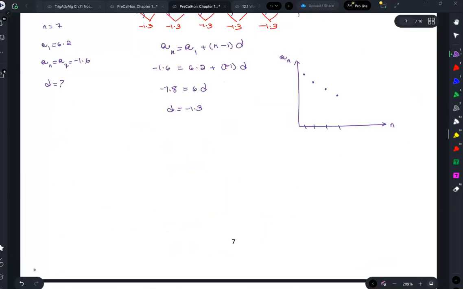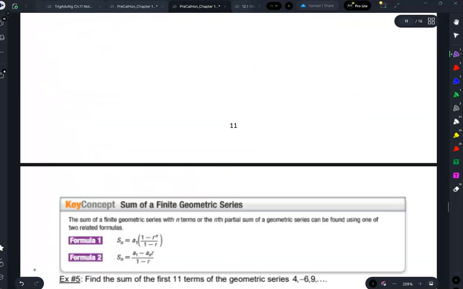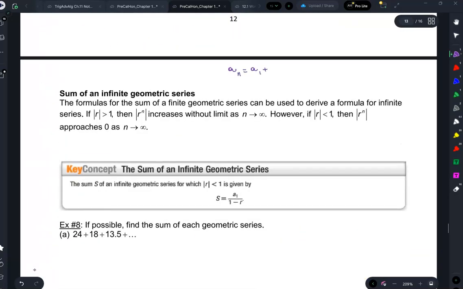That's a linear function. In the case of the geometric, a sub n is a1 r to the n minus 1. This is an exponential function. This is like y equals a b to the x. That's an exponential function, right?